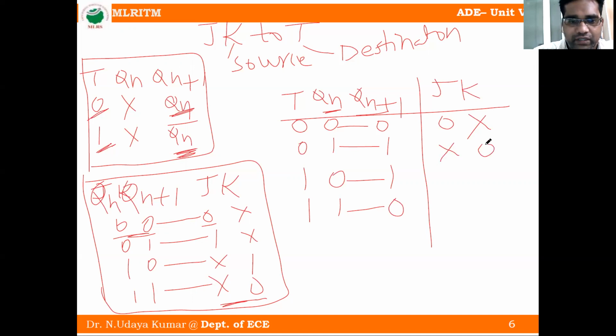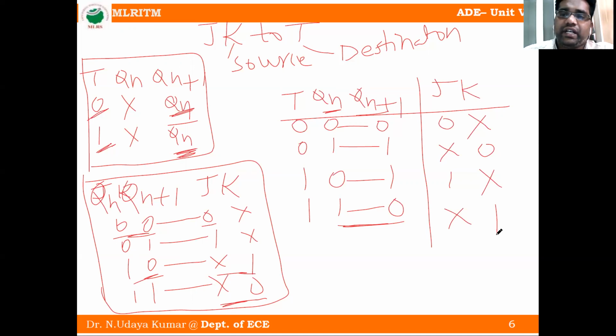For 0 1, we will get 1 and don't care. For 1 0, here 1 0, we will get don't care and 1. Now we will find the expression for J and K. How to find the expression here? It is a two variable. So by using two variable K map, we will find the expression for J and K.